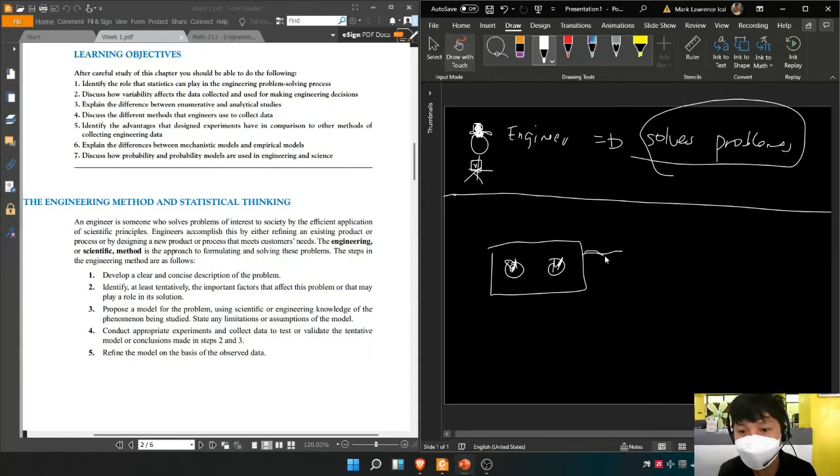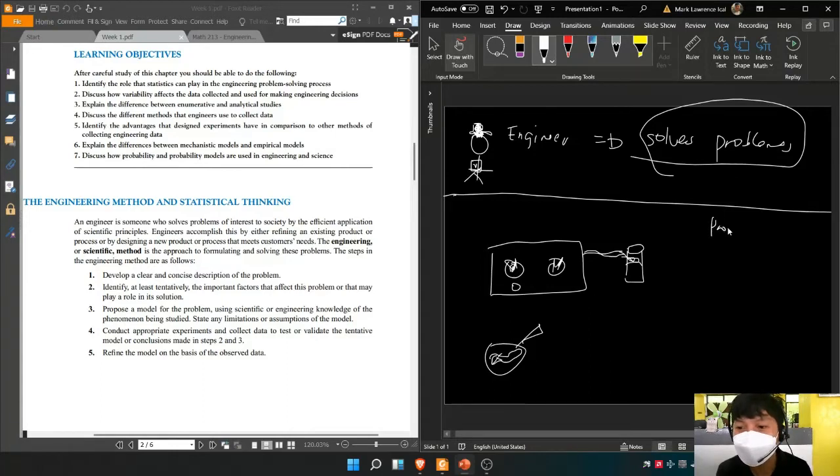Okay, and this is your stove, this is your valve, this is your stove or gasol. Okay, so let's say that you want to cook fried fish. This is your pan and this is your fried fish. Okay, you try to turn on the stove, but it does not work. So there's no fire coming out of the stove. So what's the problem? So that's step number one, is to develop a clear and concise description of the problem.